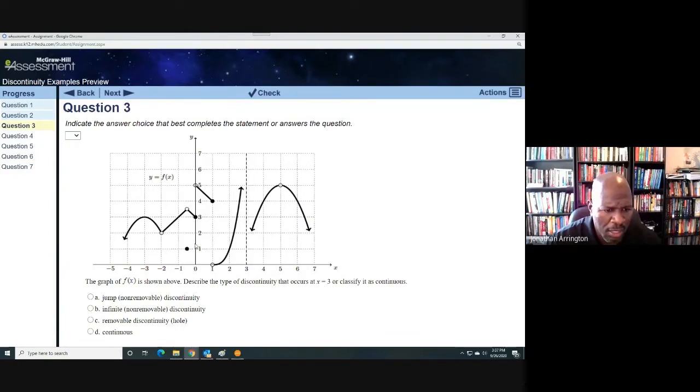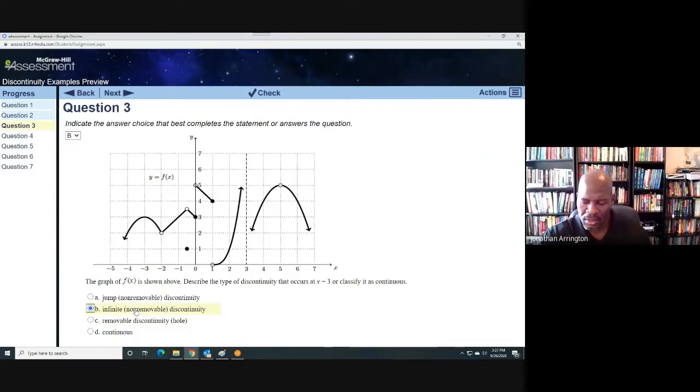Our next one, we're talking about when x equals 3. So here's 3 here. And what do you think this one would be? Hopefully you said infinite. So this is an infinite discontinuity. And as you can see in the answer choices, jumps and infinite discontinuities are what are called non-removable discontinuities.